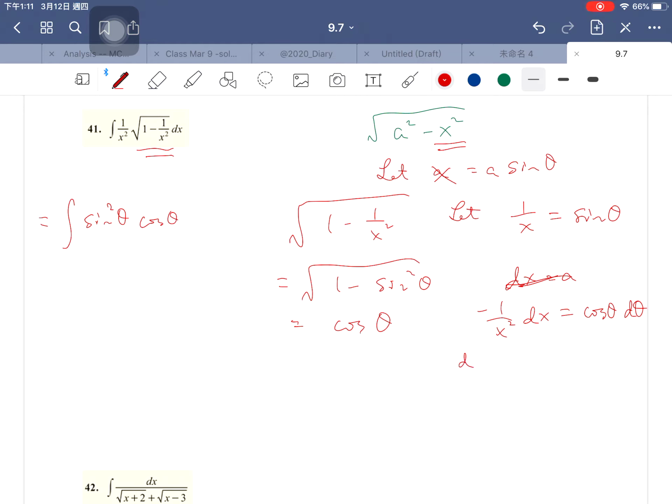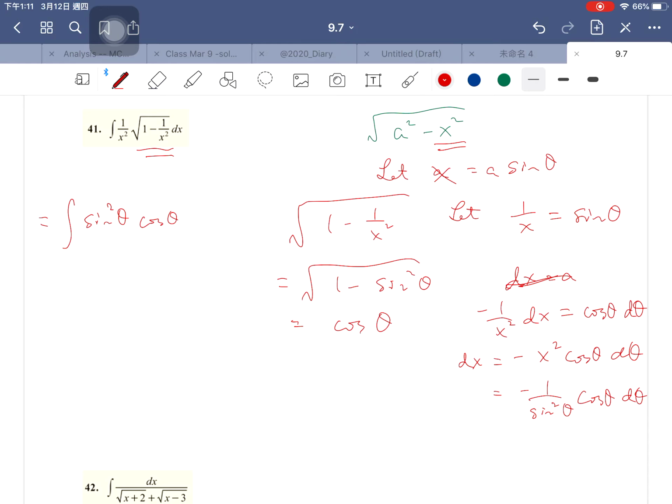So dx is minus x squared cosine theta d theta, but x is minus 1 over sine squared theta cosine theta d theta.